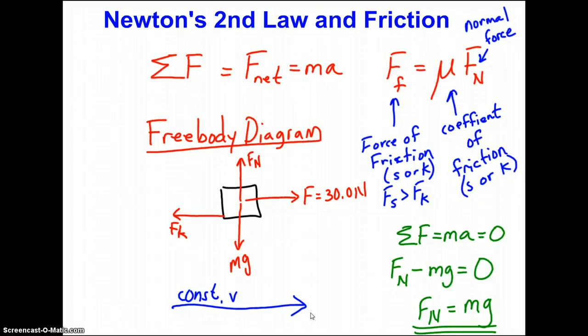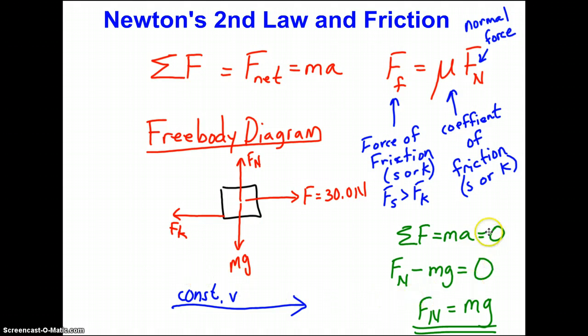The direction of motion indicates the forces that are positive. So because this object is going to the right at constant velocity, more on that to come, that means this force would end up being positive, and friction being in the opposite direction would be negative. Okay? You'll hear that emphasized throughout the entire time here.